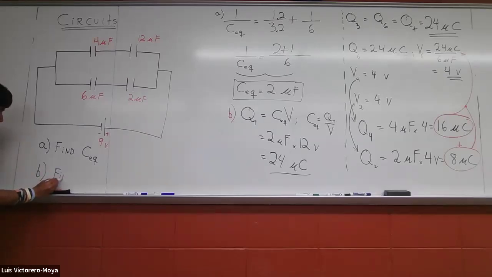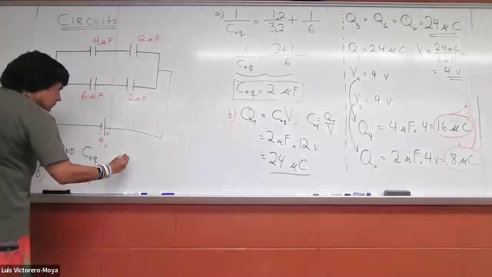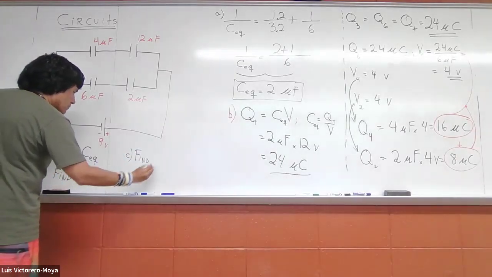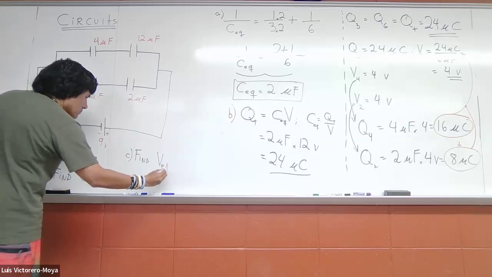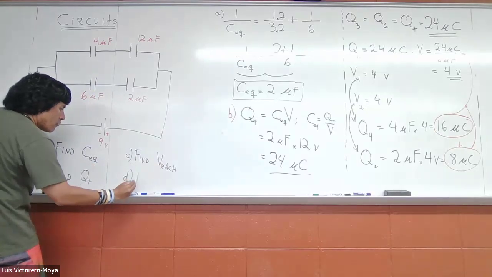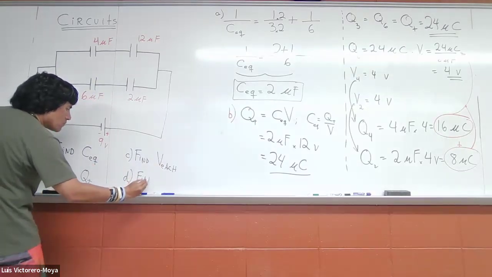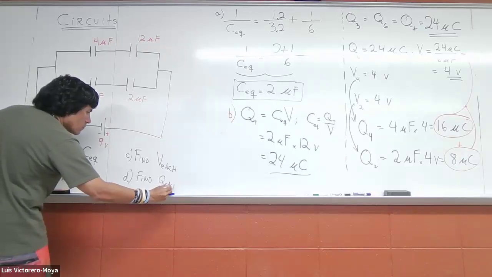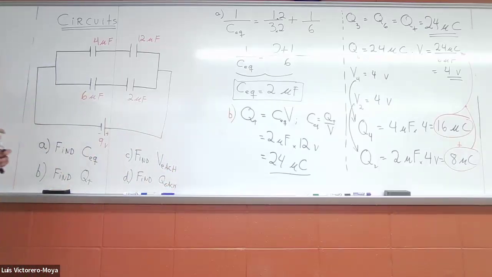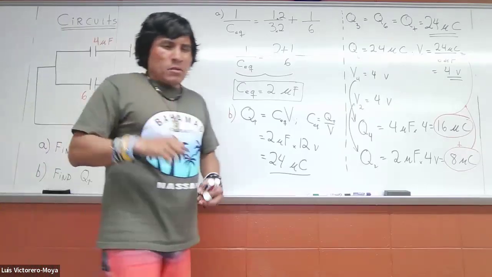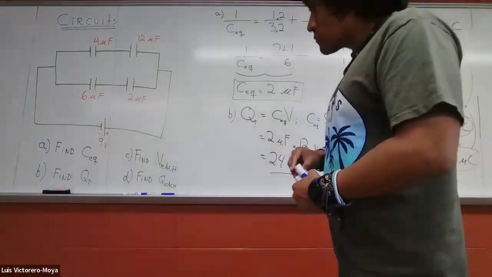Find the total charge on the circuit. Find the voltage on each. D, find the charge on each. Actually, C and D, you can do them together. You'll see what I mean when I get to that part.